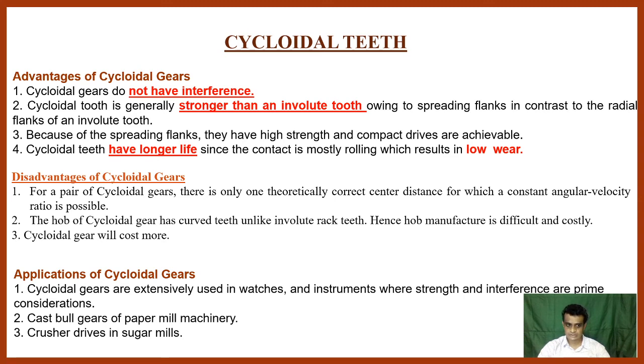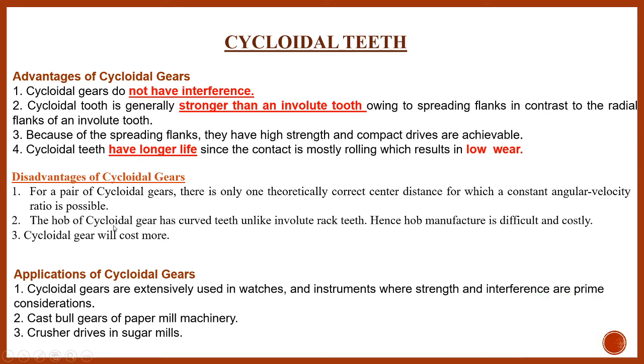Disadvantages of the cycloid gear tooth profile: if we change the center distance, or because of wear if there is a sudden change in the center distance, we never obtain the uniform velocity ratio as with the involute gear tooth profile. In the involute gear tooth profile, up to a certain limit, if we change the center distance, we still get the uniform velocity ratio.